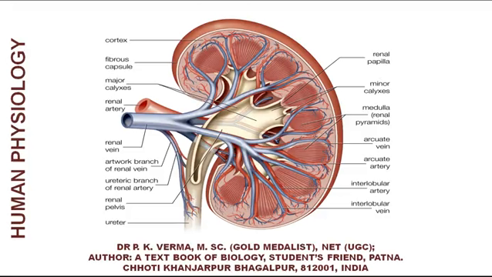See how the arrangement of veins and arteries is inside the kidney. This is the vein. It collects blood from nephrons. So these branches around the lobes of the kidney are interlobular branches.